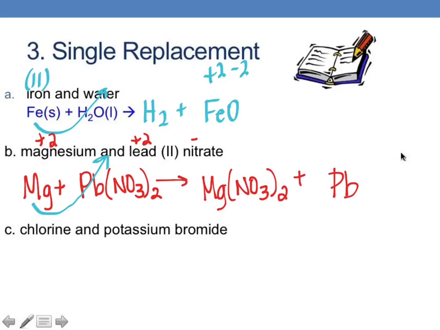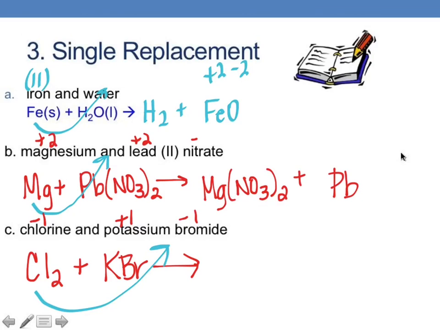And the last one, chlorine. What's the formula for chlorine? Cl2. Chlorine's a -1. Potassium's a +1. Bromine's a -1. So the formula for potassium bromide is? KBr. So who gets kicked out?